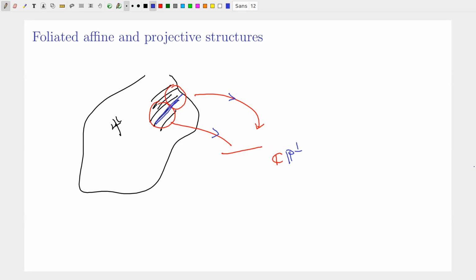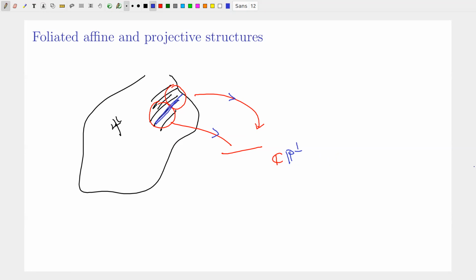And that's what I mean by foliated affine or projective structures. So you can say that it's just a structure on each leaf of the foliation that varies holomorphically in the transverse direction. Okay, so this is what I mean by foliated.